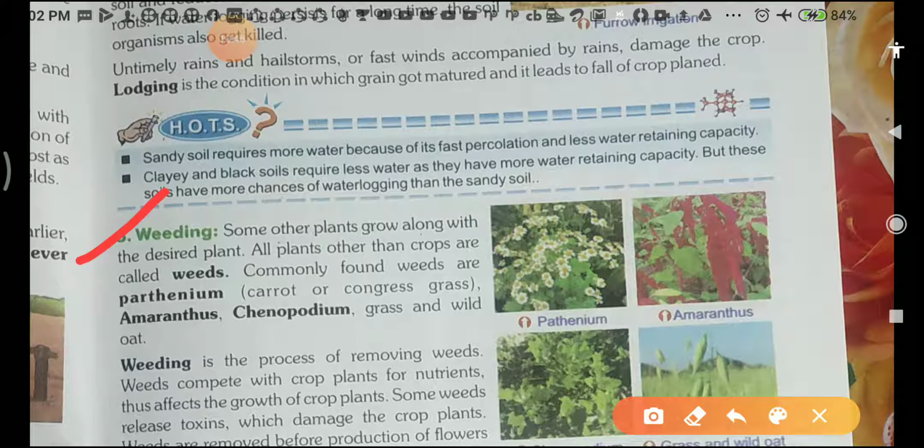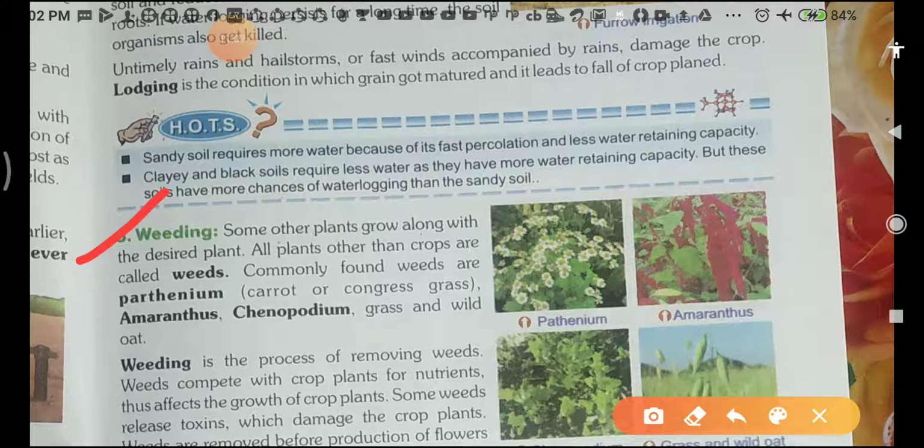Now students, amaranthus means chaulai, chaulai ka saag. Wild oat also, wild oat means jawi. Chenopodium is bathua, this also comes under saag.